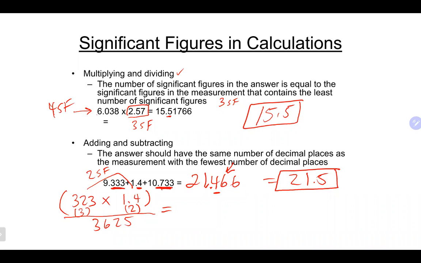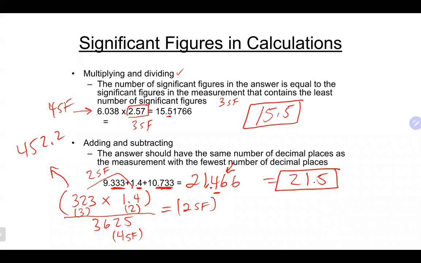The next thing you would do is take that answer up on top and divide it by the number on the bottom. Again, we would be looking at significant figures. That is 4 significant figures on the bottom, 2 on the top, which means our answer should end up at 2 significant figures in this case. So if we took 323 times 1.4, technically speaking, the number you get up on top is 452.2, which technically should be 2 significant figures.